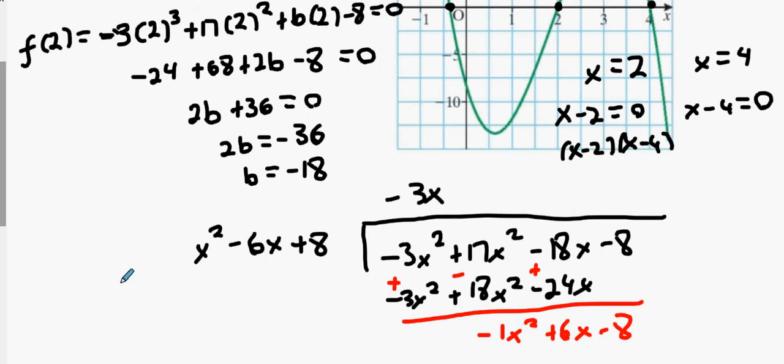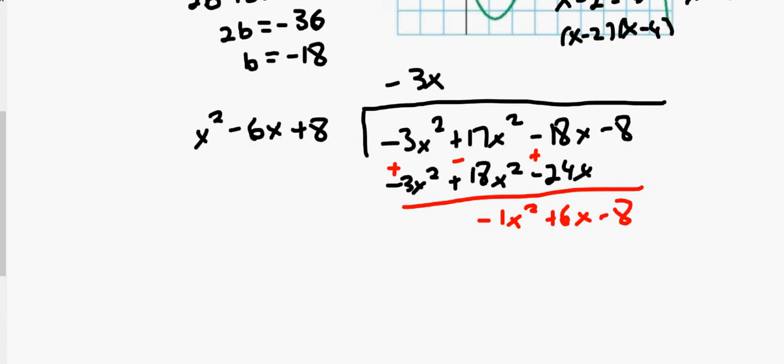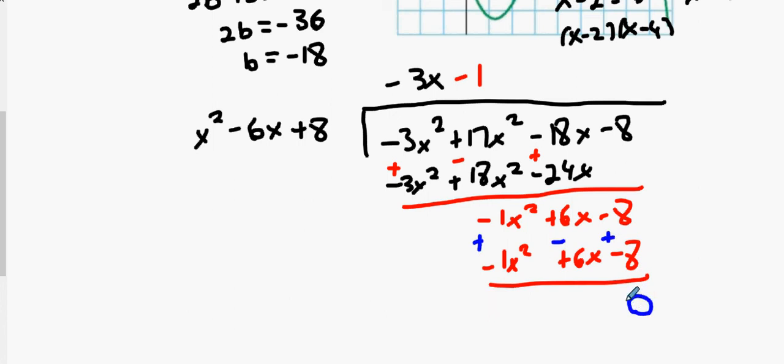How many times does it go in? Minus 1. You multiply it out, then you take it away by changing the signs, and you get 0. So what does that mean the other factor is? Minus 3x minus 1 is the other factor.